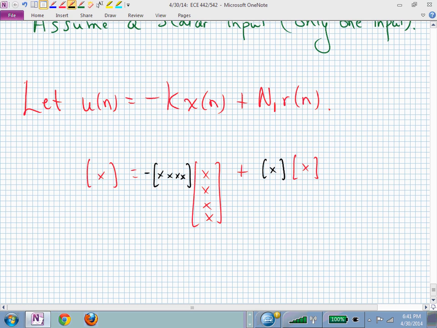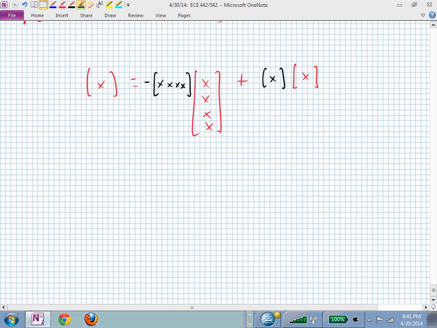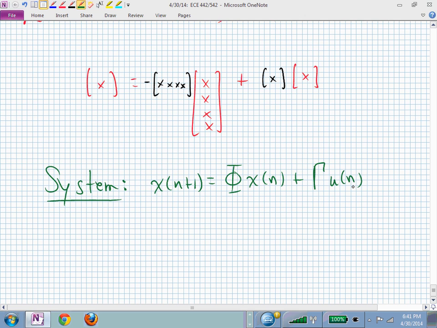So this is now what I want with a full state feedback with an external reference signal. What do I have? Let me just go through this rather quickly. We have our system dynamics. That hasn't changed. That's still x of n plus 1 is equal to phi x of n plus gamma u of n.